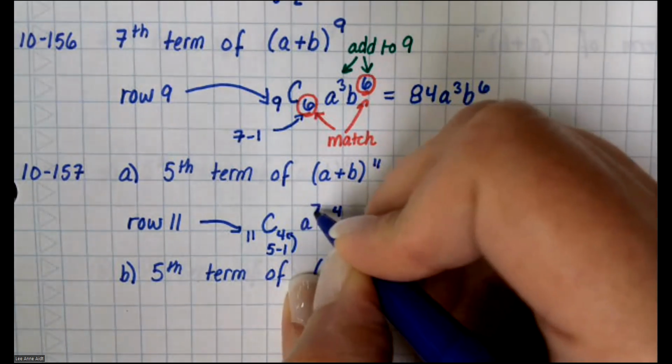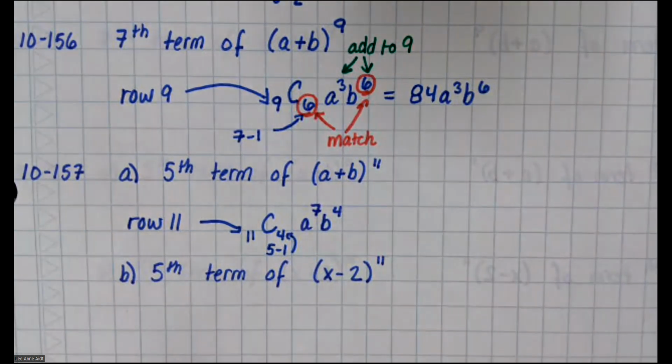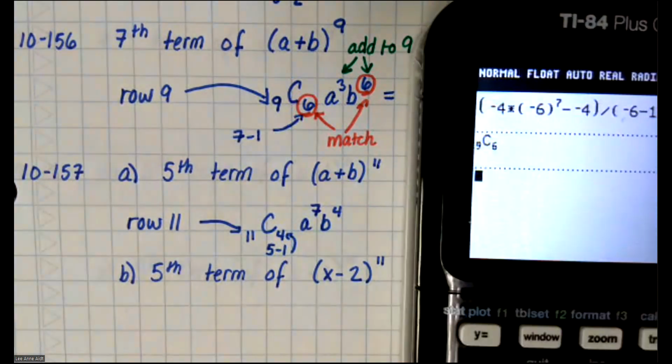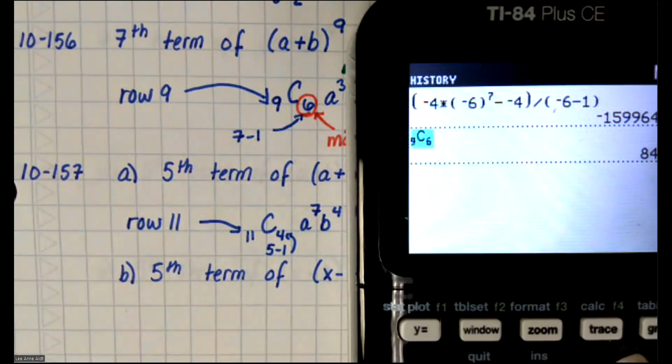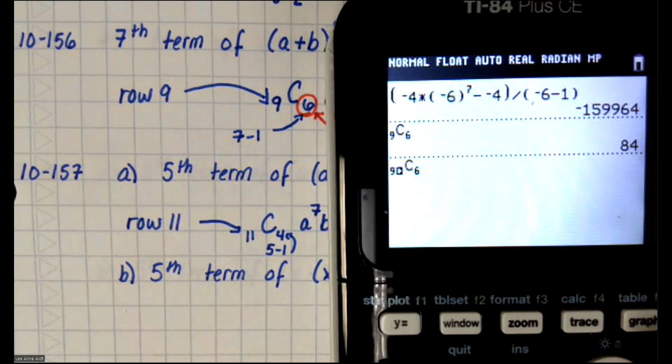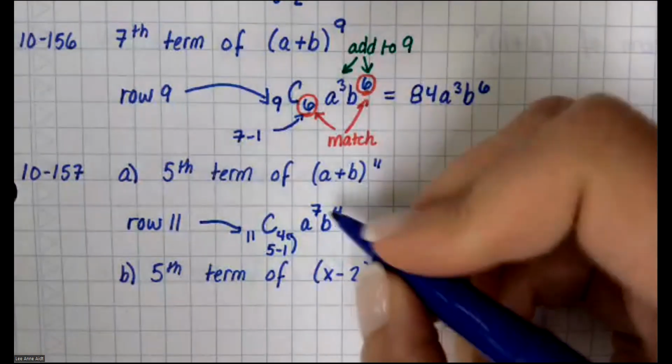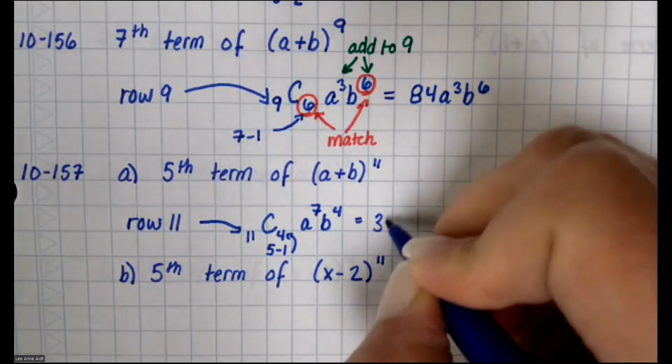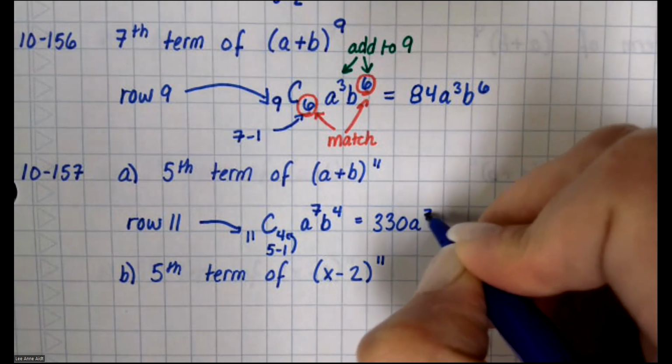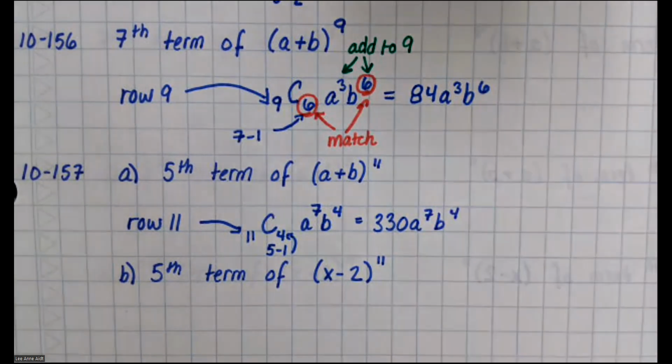Yep, a to the 7. Okay, all you need to do now is find out what 11 combination 4 is. 330. See, it gets faster as you go.